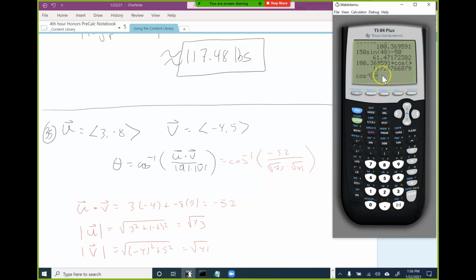Sometimes it's easy to do that if you're going quick. This is nice because it shows you exactly what it looks like, so you'll know if you've typed something in wrong, because it won't look exactly like your sheet of paper. So I do that, and I get 161.90, I guess.